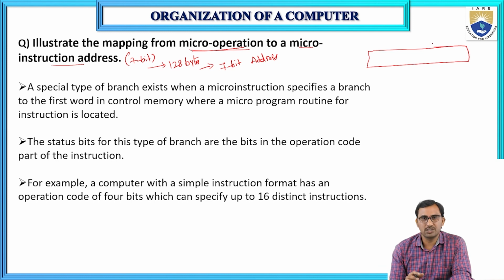If you take an instruction format, the size of the instruction is 16 bits, so 0 to 15. The first 0 to 11 bits represent the address, and the remaining 4 bits, that means the 12th, 13th, 14th, and 15th bits, total 4 bits, represent the opcode.